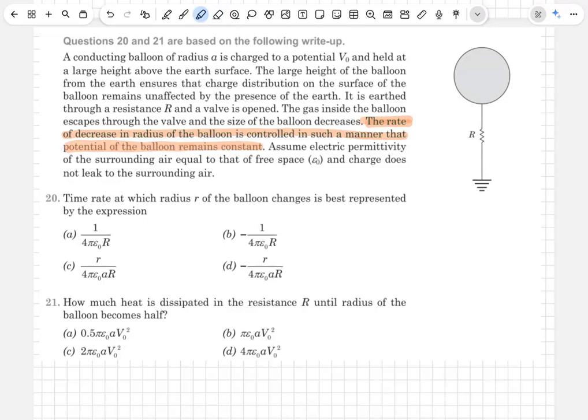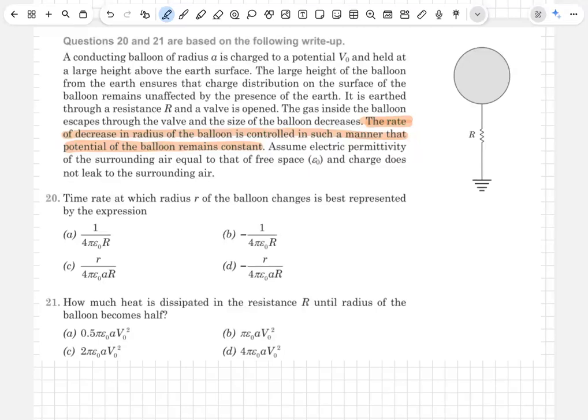Right. Assume the electric permittivity of surrounding air is equal to that of free space and charge does not leak, no corona effect. The time rate at which the radius of the balloon changes is best represented by the expression.